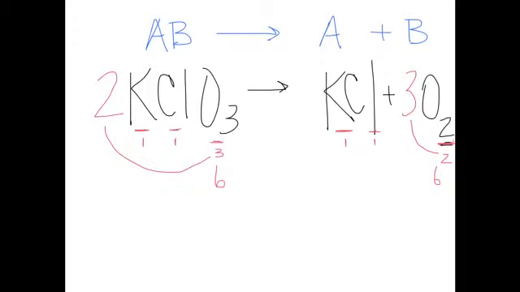Now, in doing that, we also have the issue that our potassium and chlorine, there are 2 of them, whereas before there was only 1. Therefore, we will have to put a 2 in front of the KCl as well. And now we have 2 potassium, 2 chlorine, 2 potassium, 2 chlorine, and 6 oxygens, and it is balanced.